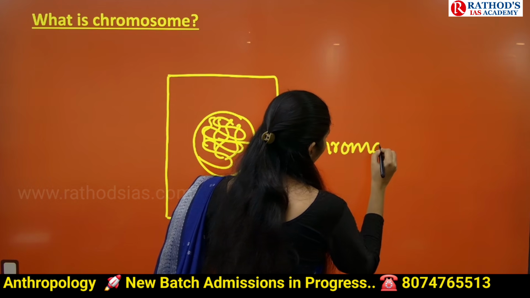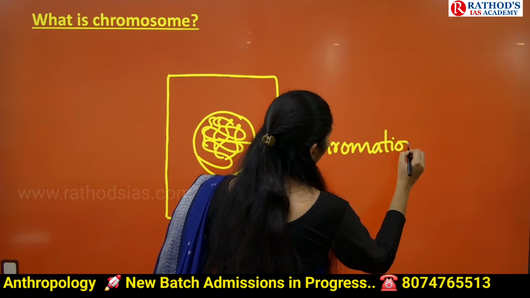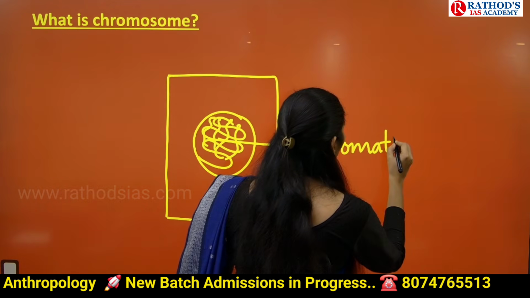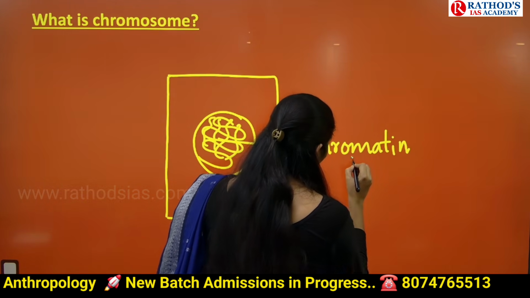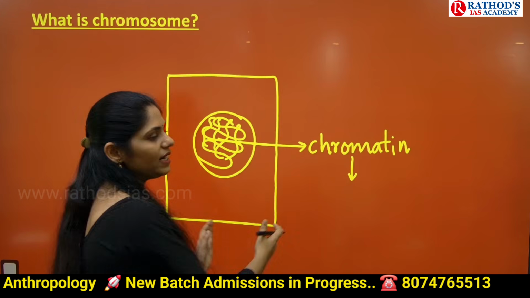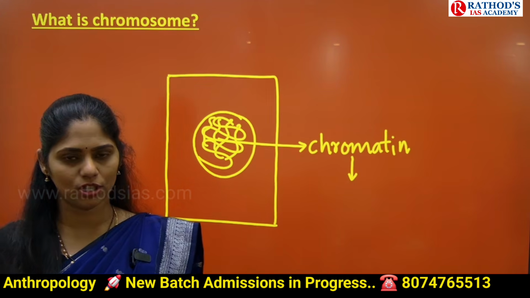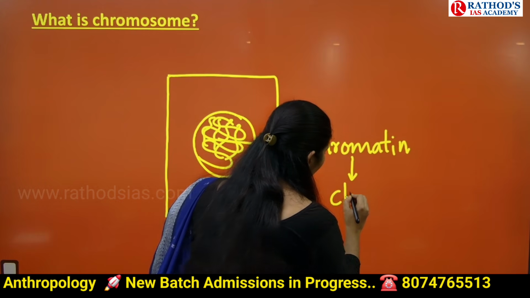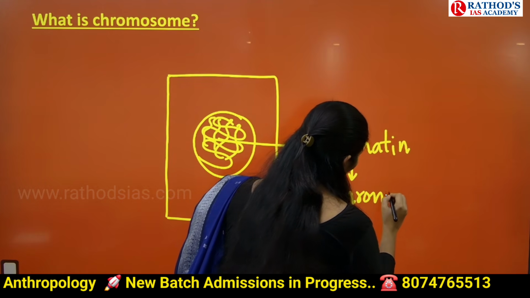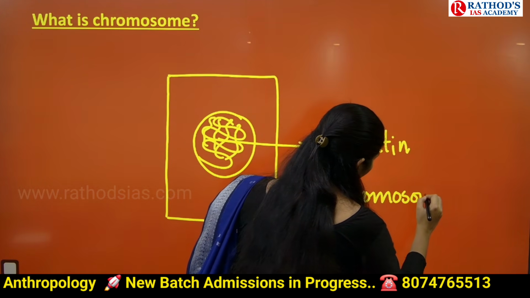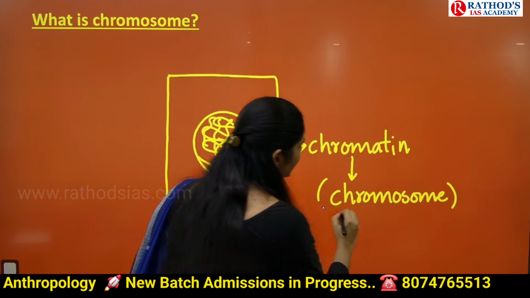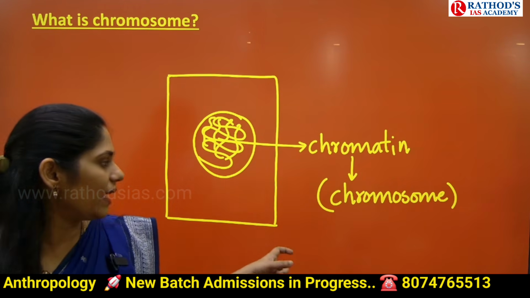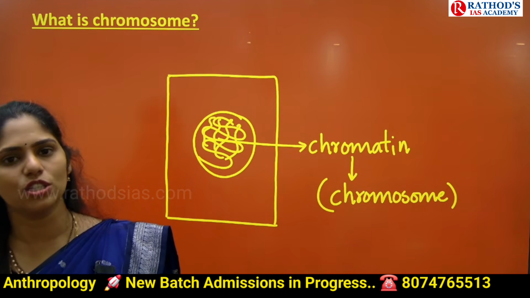Chromatin is nothing but a thread-like coiled structure which is present inside the cell. Normally, whenever the cell enters a phase of cell division, during that time this chromatin will be condensed into chromosome. That means during cell division time only we can see condensed chromatin, and that condensed chromatin is the chromosome.